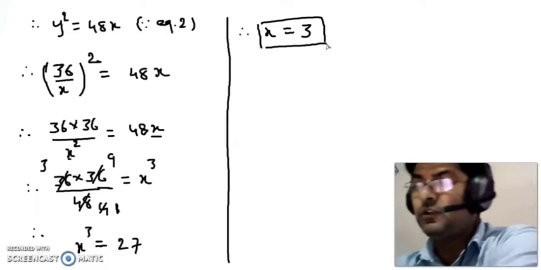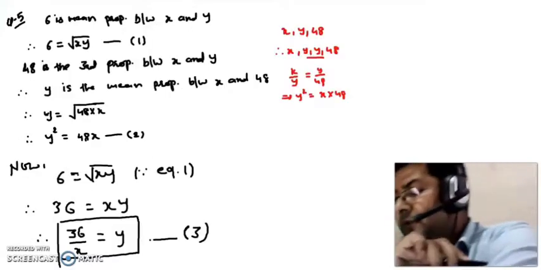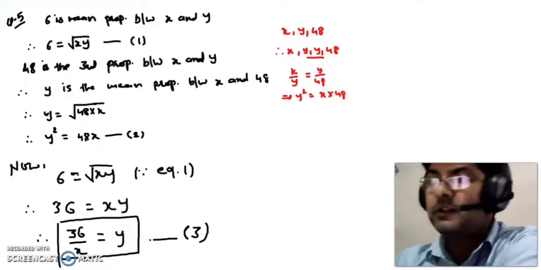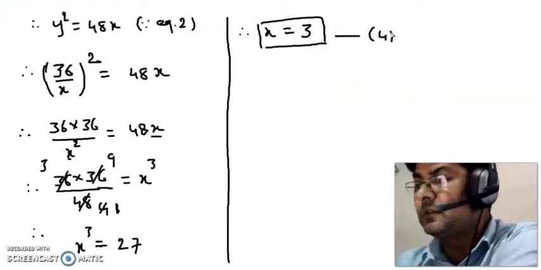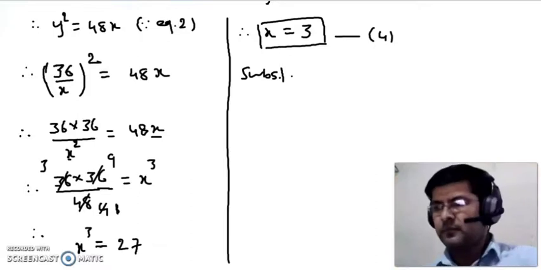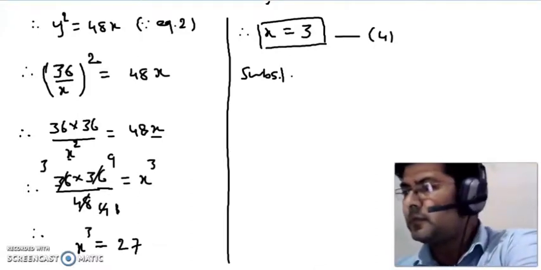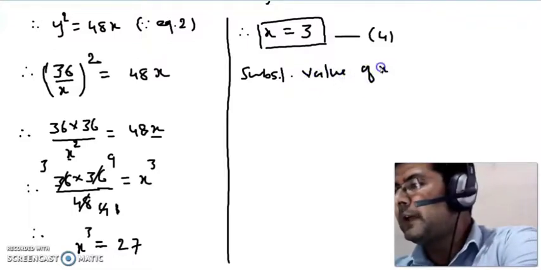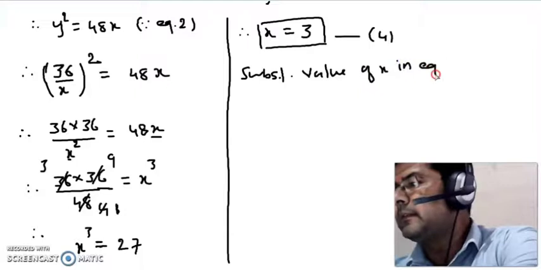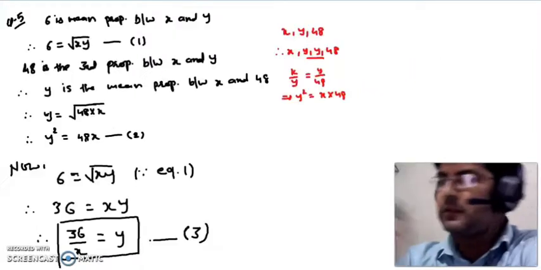Now this value of x we can substitute in the third equation. Say this is number 4. Now the value of x in equation 3. Let us write down what is equation 3.